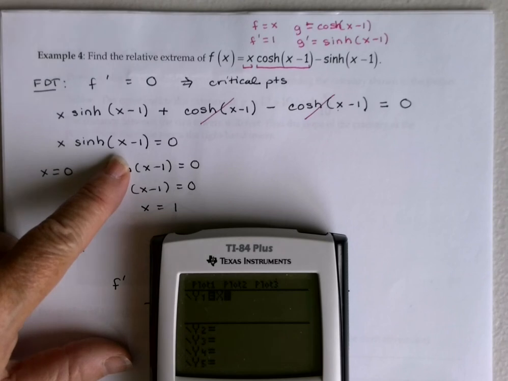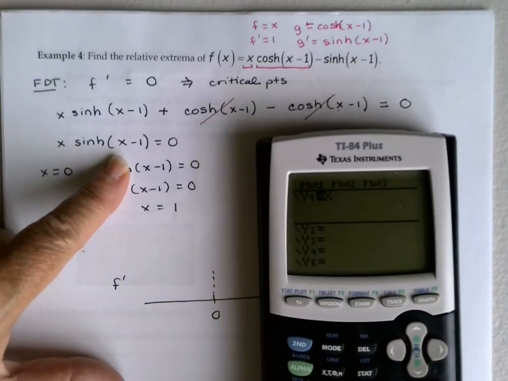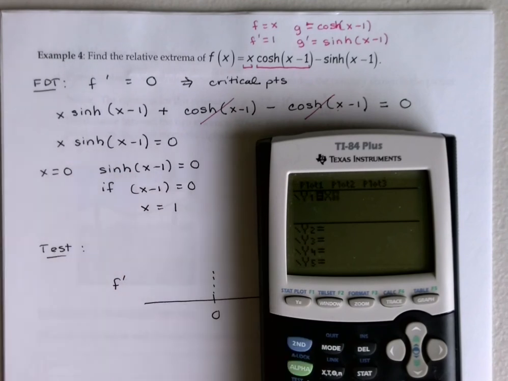minus 1. To get the hyperbolic sine, what I usually do is just use the catalog. Catalog is above the 0 key, so second catalog. And you can scroll all the way down to the s's to find hyperbolic sine, but it's actually much easier to do if you just find the key with the s above it. It's actually the ln key. See the little s above it?